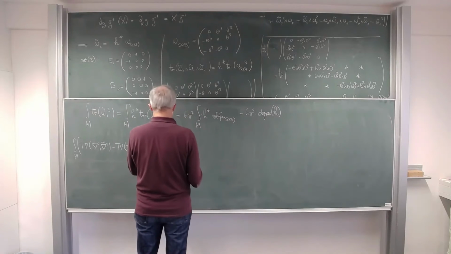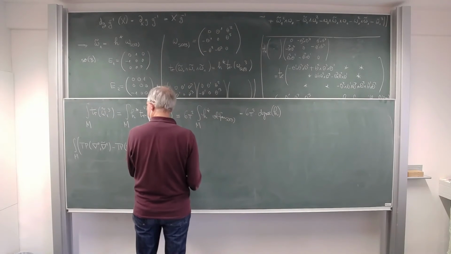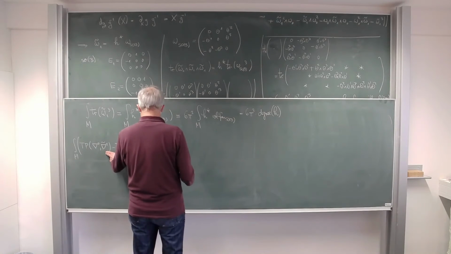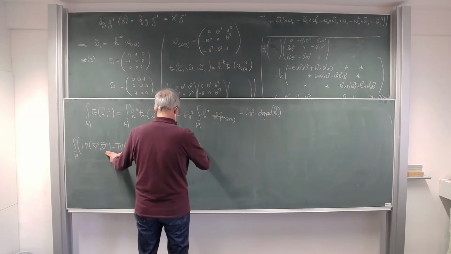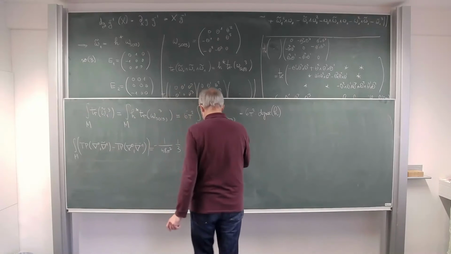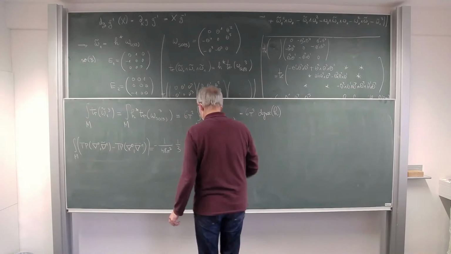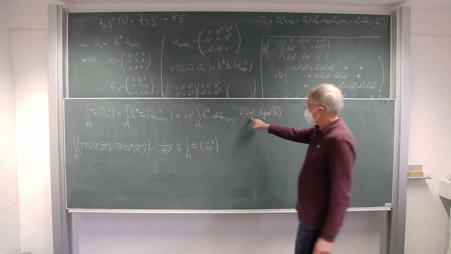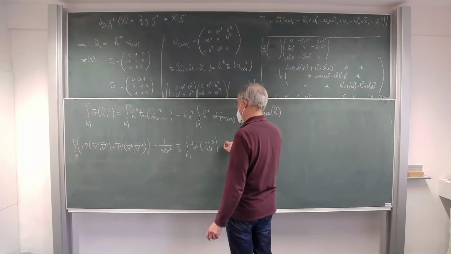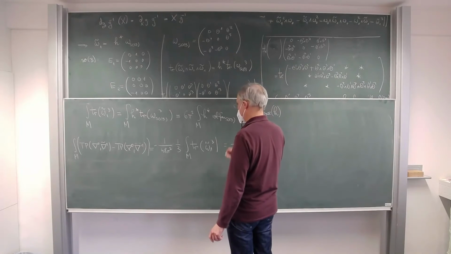So we've found that this is 1/3 of the integral over the trace of this term. There was 1/3 in the formula. And now I can insert this one, which gives me minus.